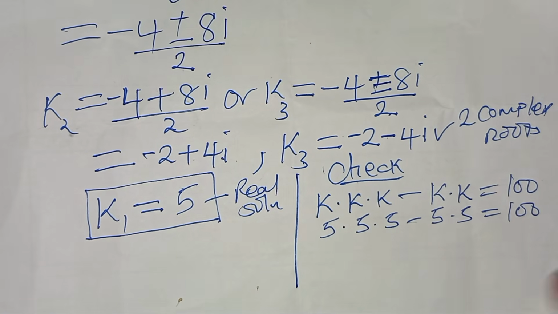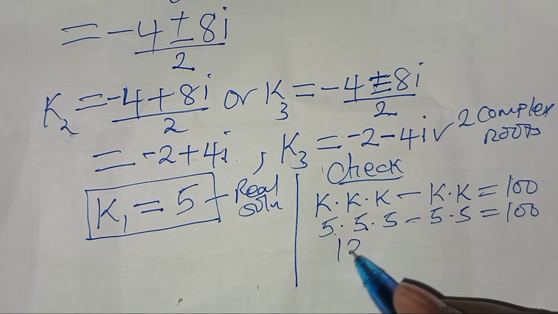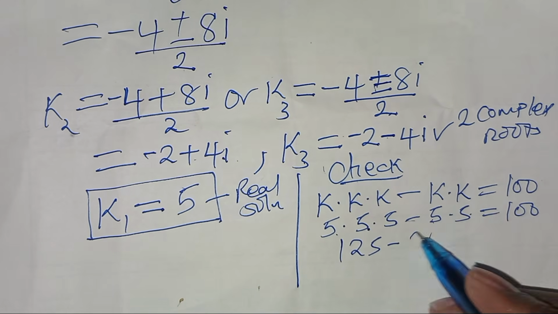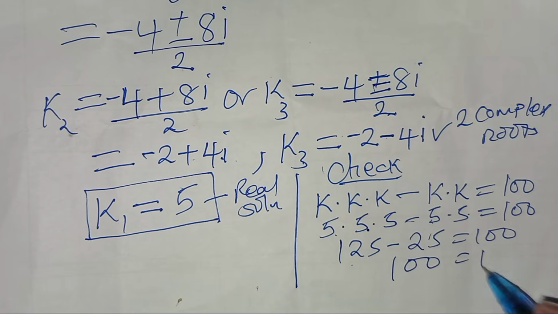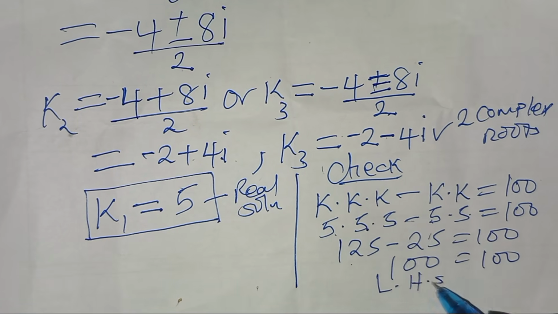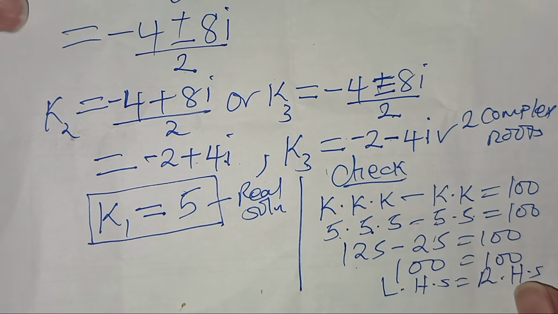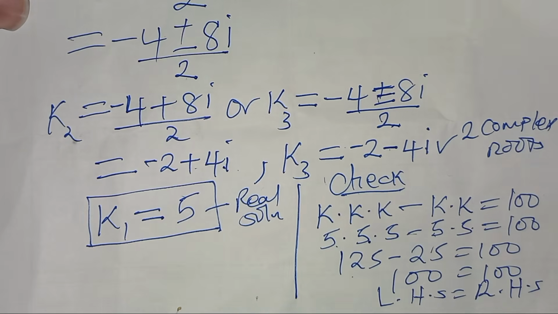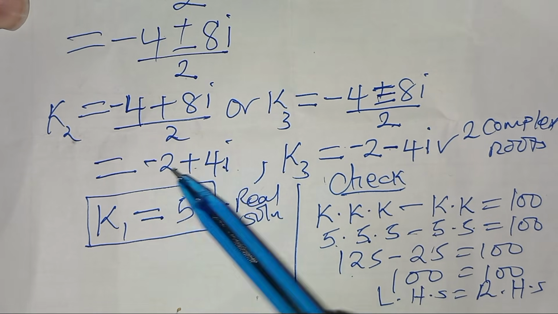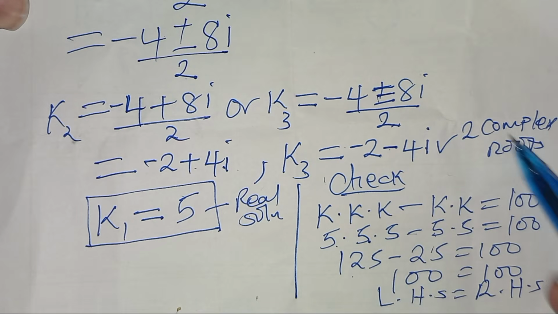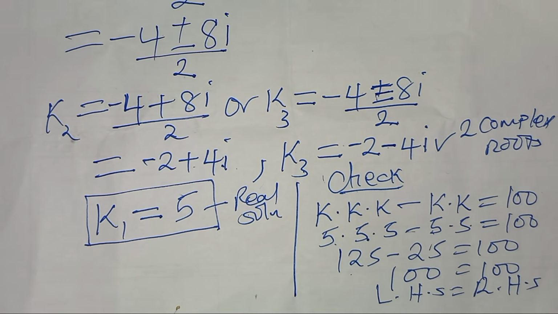Here 5 times 5 is 25, times 5 is 125, subtract 5 times 5, which is 25, this is equal to 100. So 100 is equal to 100, the left hand side is equal to the right hand side. Therefore, we have three solutions, one real and two complex, and these are the solutions to our algebra problem.